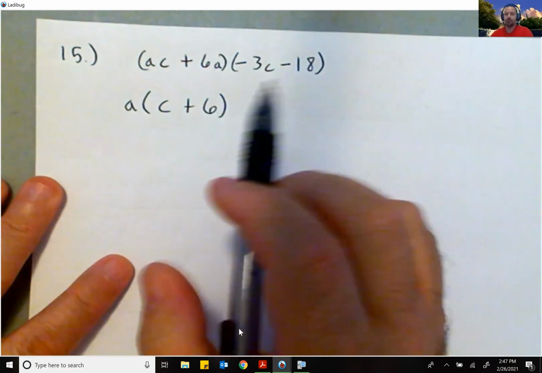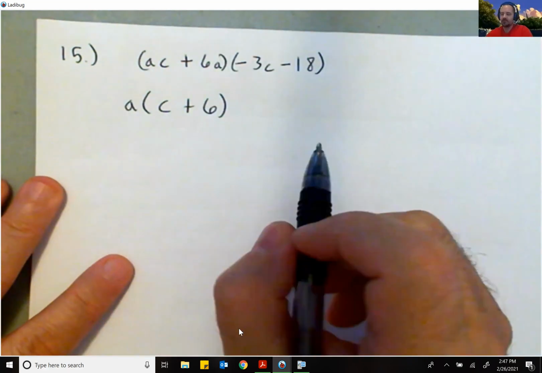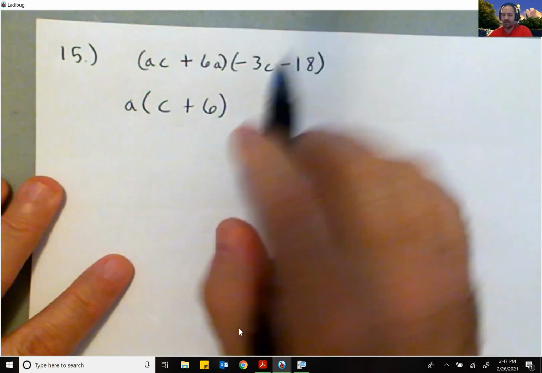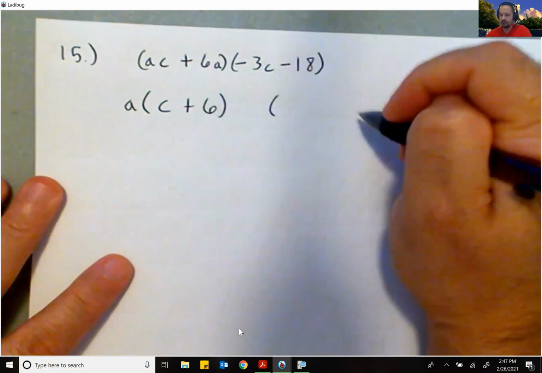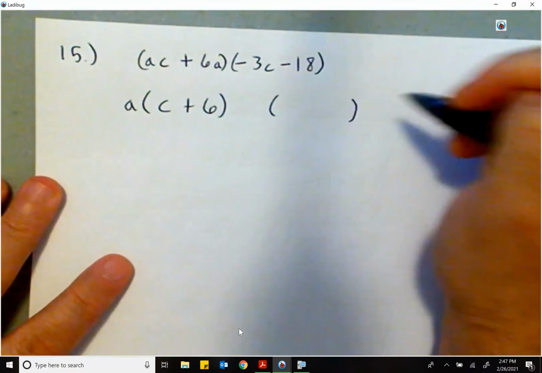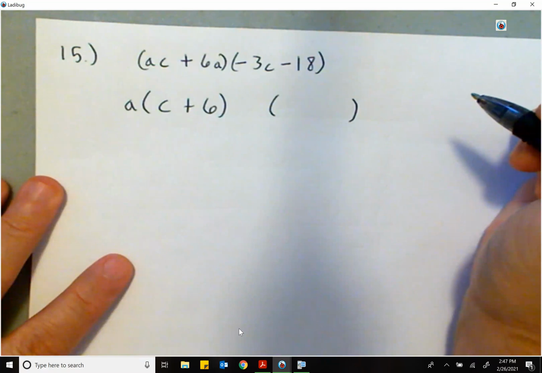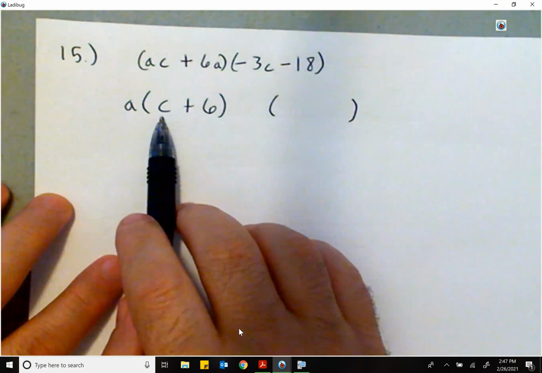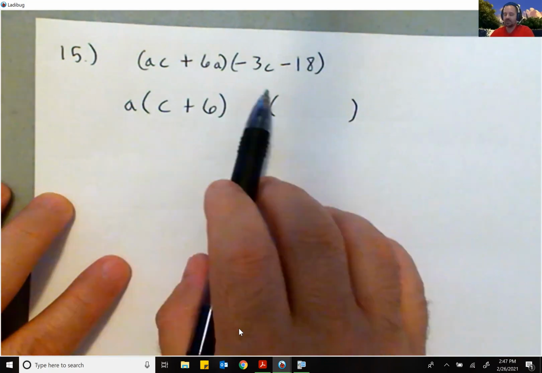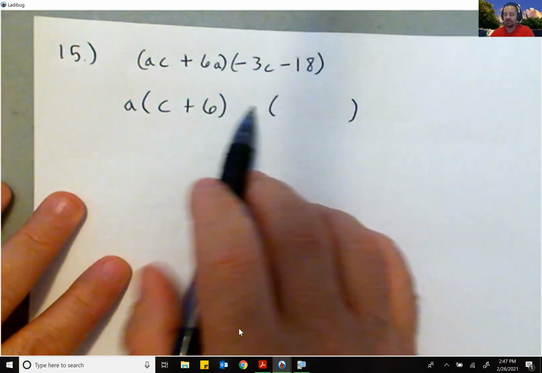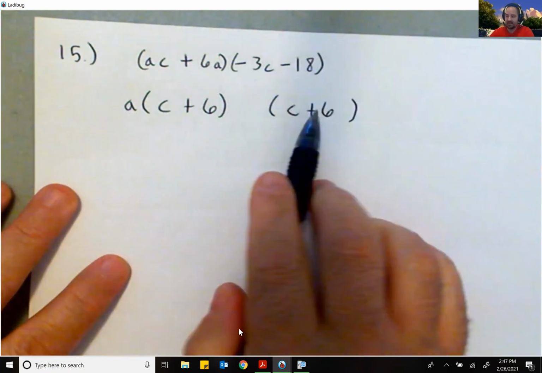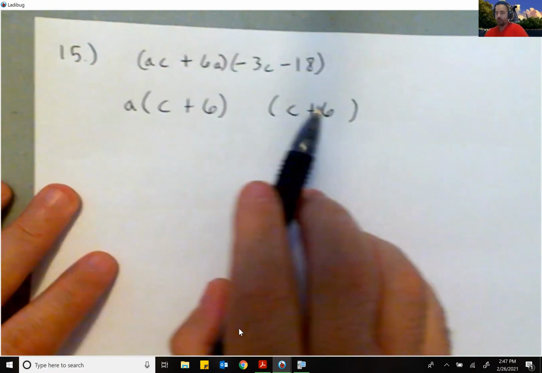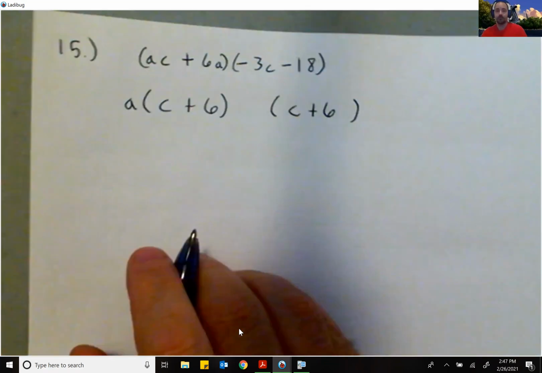Now remember with grouping that we're going to pull some GCF out of here. And what should it leave behind? For the second term, the parentheses should be the same on the inside as the first one. Correct. Whatever we pull out of this has to leave us with a C plus 6. These two parentheses should match for grouping to work.